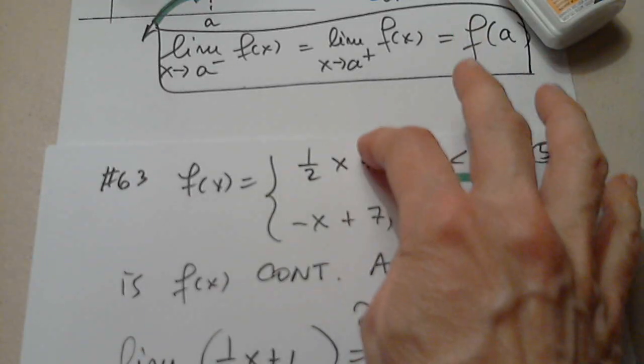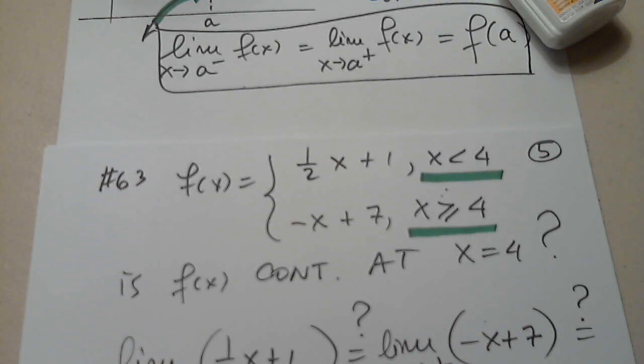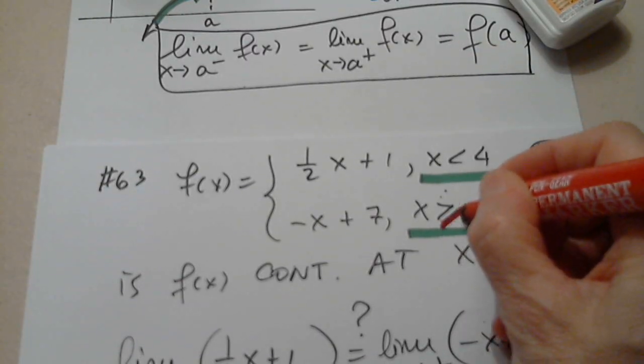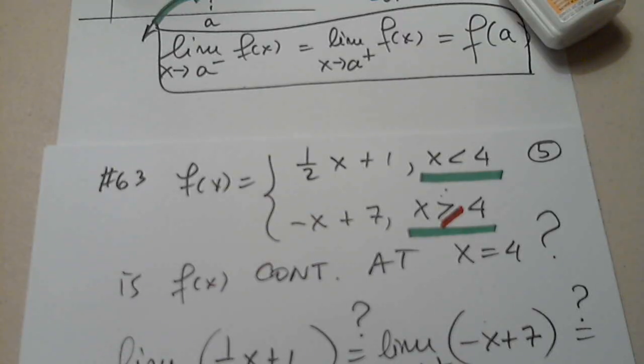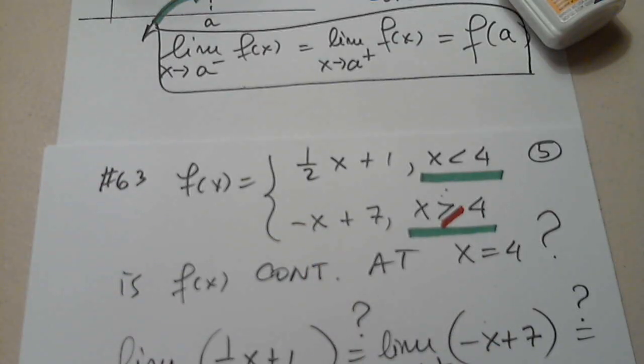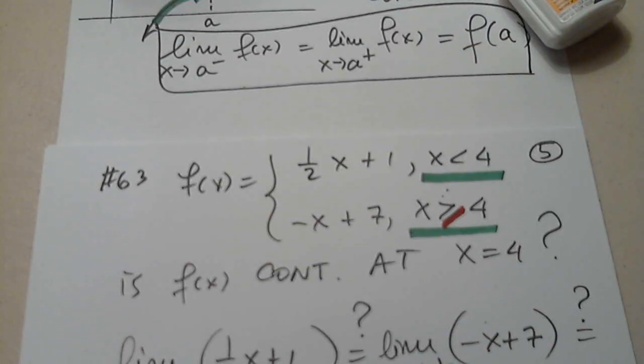Which of these two includes x equals 4? Not both. It will not be a function. The bottom one. Why? Because of the equal symbol. So for f of 4, I have to calculate negative 4 plus 7.